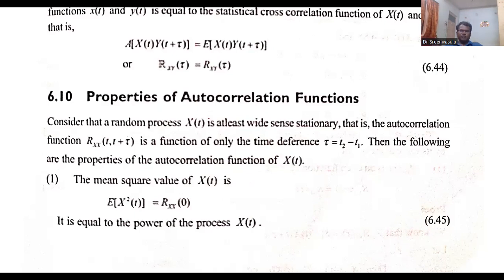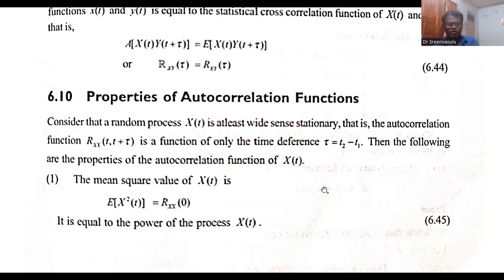Whenever we calculate the mean value, the autocorrelation, or the covariance, and these are independent of time, then we can say that it is a stationary process, wide sense stationary.